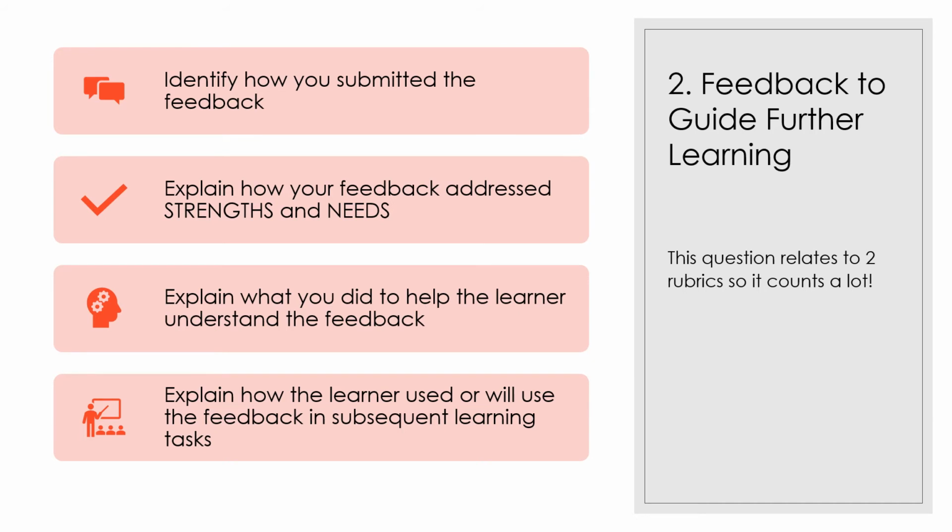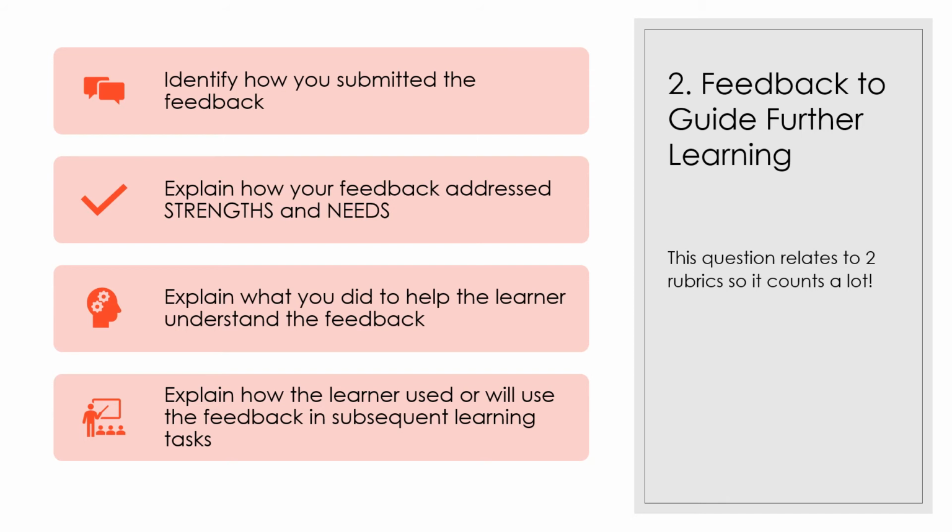And then the next question is to explain what you did to help the learner understand the feedback, and explain how the learner used or will use the feedback in subsequent learning tasks. I want to make this point clear that this feedback question counts for 2 rubrics.